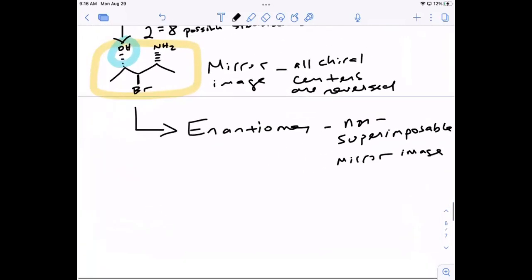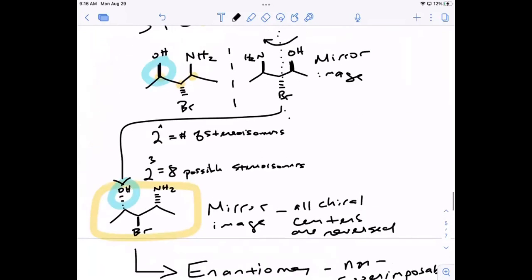It's called an enantiomer. So the mirror image of any chiral molecule is called the enantiomer. And in the mirror image, this is very important, all of the chiral centers are reversed. I'm going to explain reversed in a second. All right. So all your chiral centers have a different, what we call configuration.